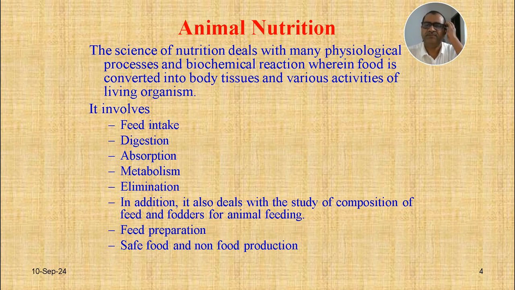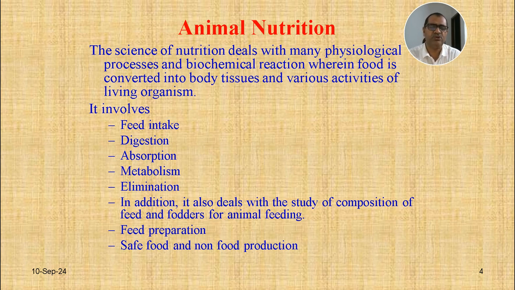Here it's a science, meaning everything is a science. Animal nutrition is also a science. It deals with the physiological processes and certain biochemical reactions wherein the food, the definition of food, varies a lot.